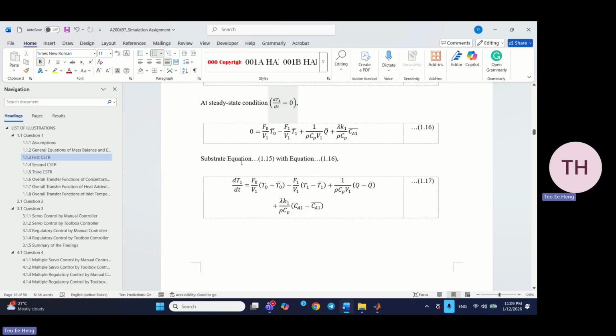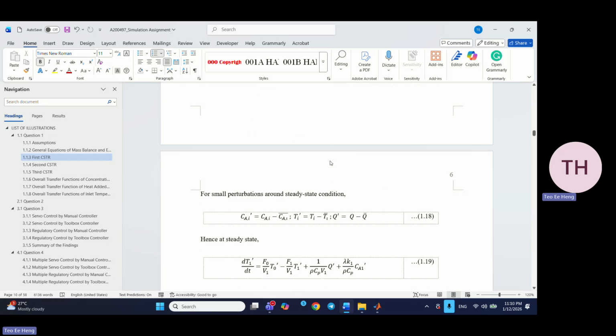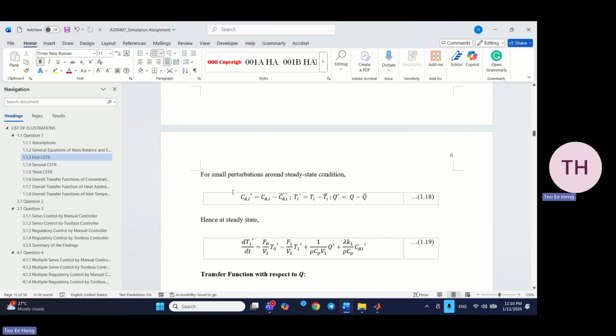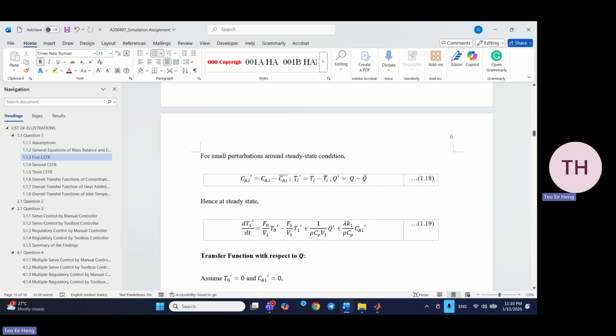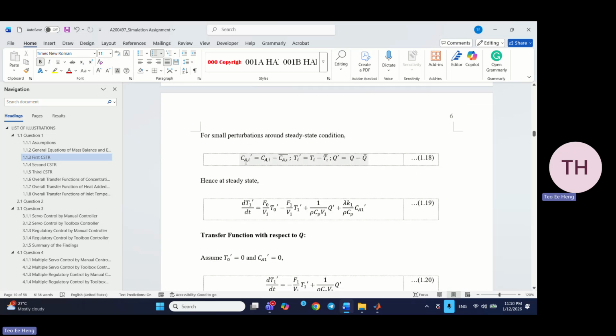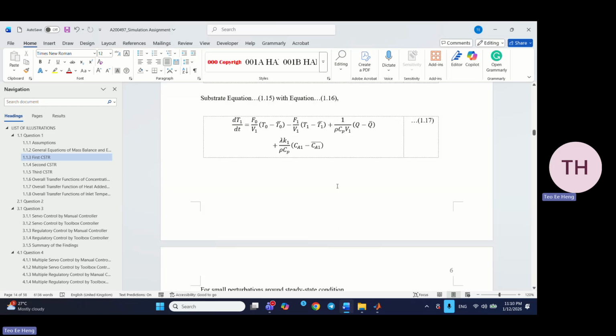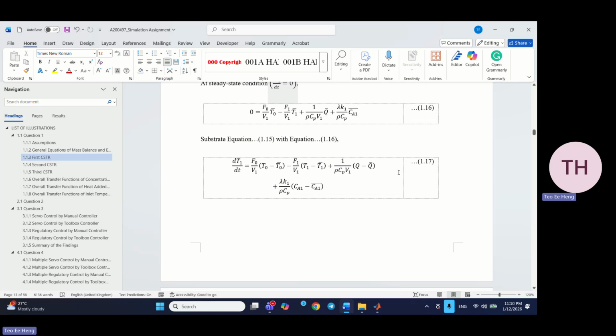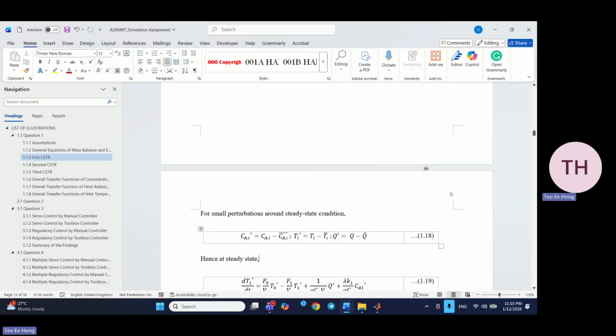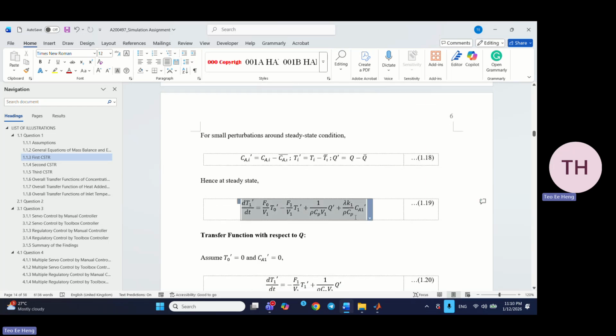Then we subtract equation 1.15 with equation 1.16. For the small perturbations around the steady state condition, we substitute these three equations into equation 1.17, then we can get this equation.